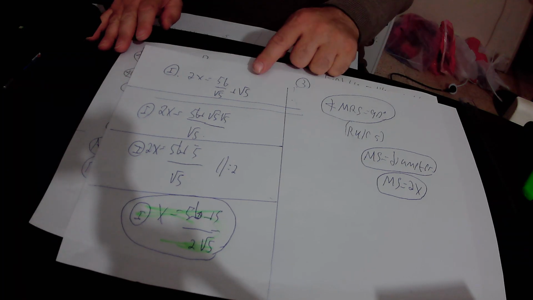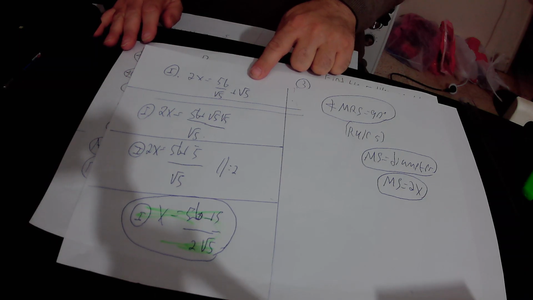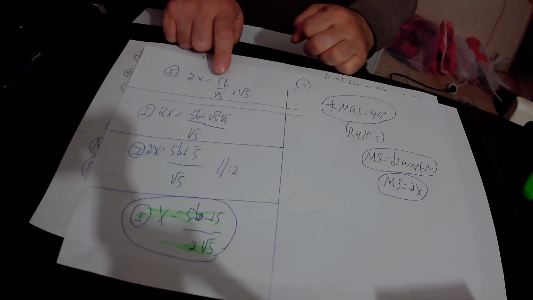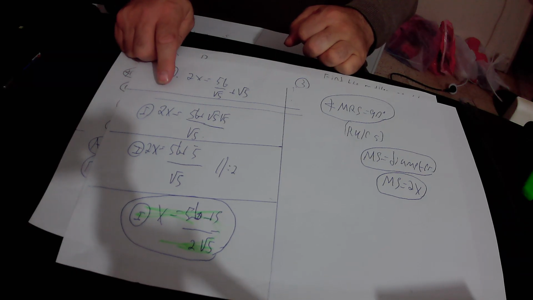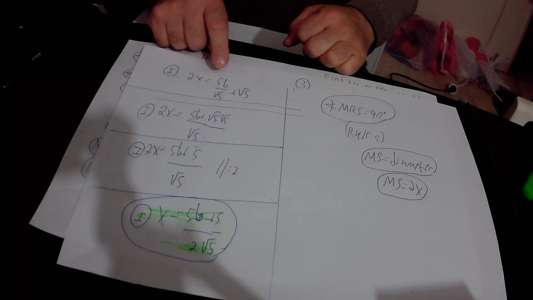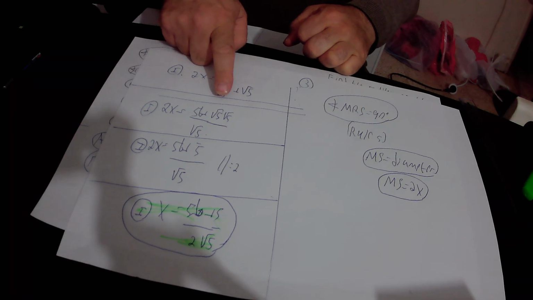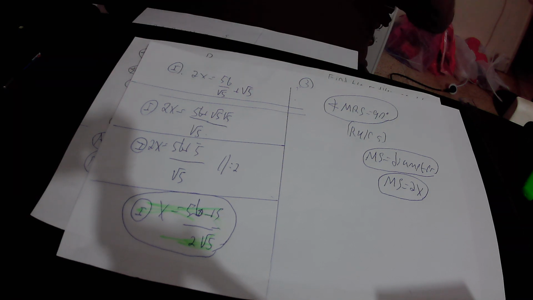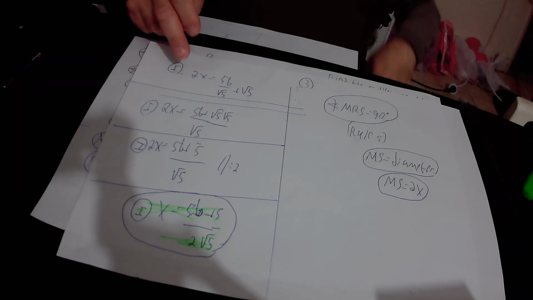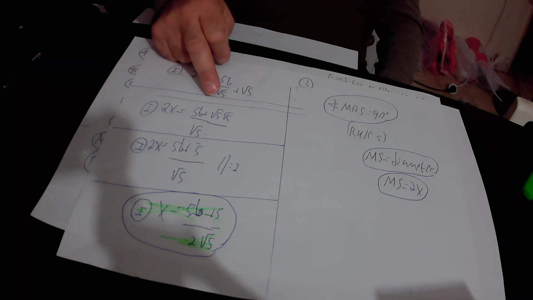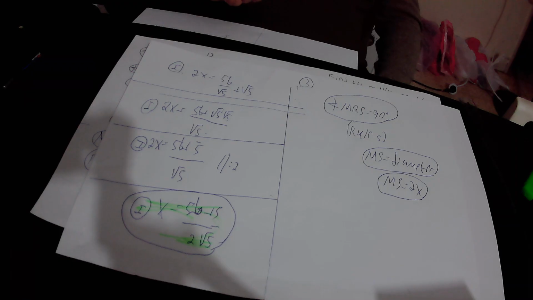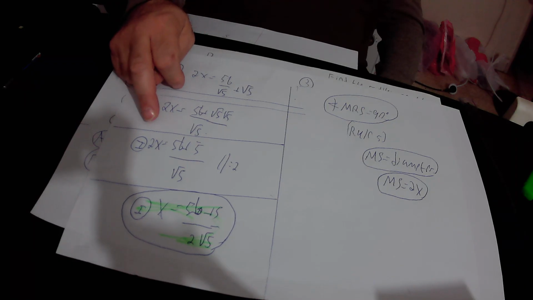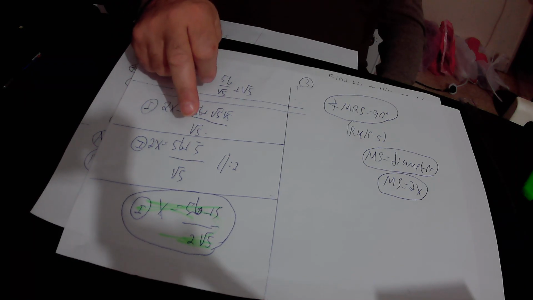Here we multiply square root of 5 by square root of 5, and then divide it by square root of 5, so we change nothing, in order to get a common factor with this expression. So we found that 2x equals 5b plus square root of 5 times square root of 5, which is 5, all divided by square root of 5. Again, 2x equals 5b plus 5 over square root of 5.